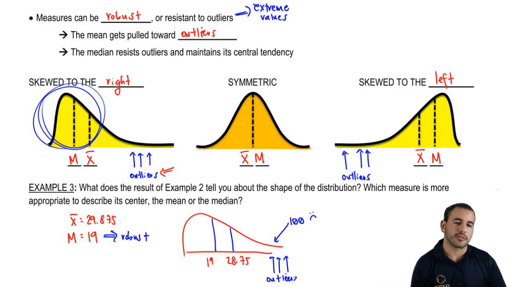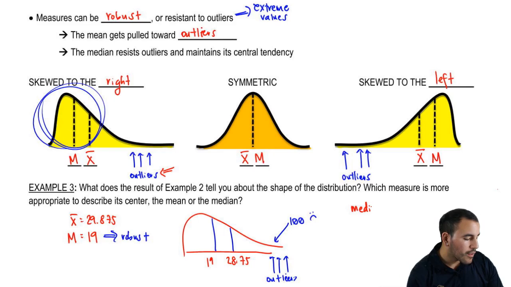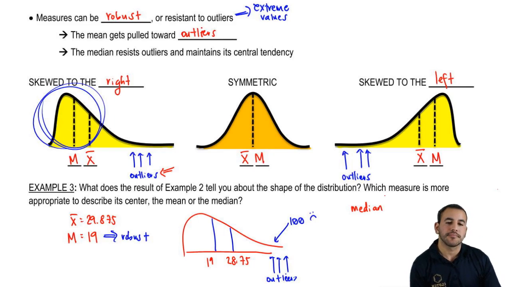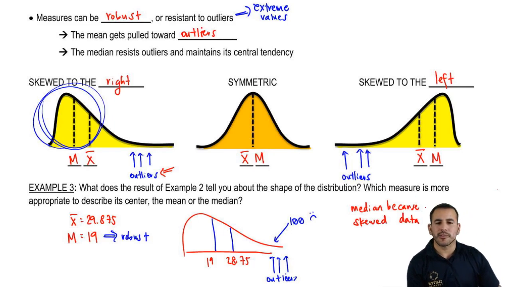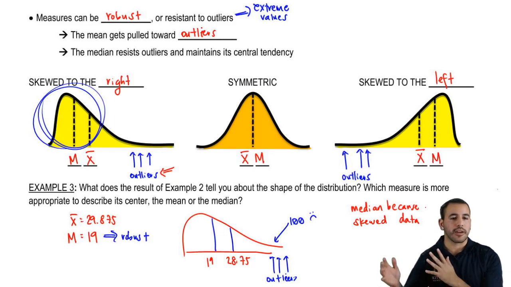So, which measure is more appropriate to describe the center of this distribution, the median or the mean? It's actually going to be the median. Why? Because our data is skewed, right? When there's skewed data, our mean doesn't tell us the center as well, because it just gets pulled whichever way the outliers are.